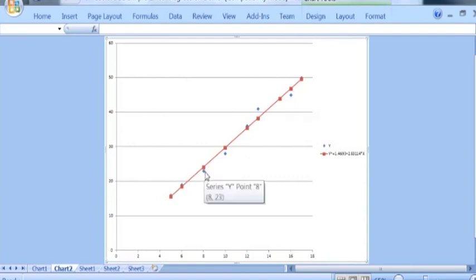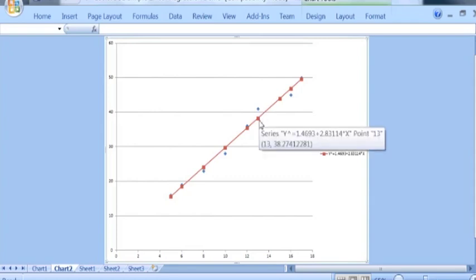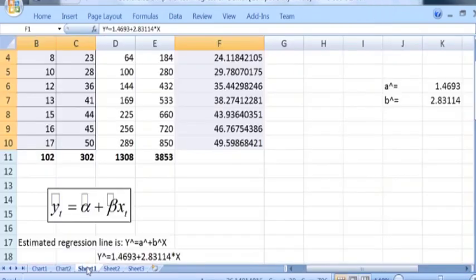You can see that some of the residuals are positive and some are negative. Why? Because some of the data points lie above the line, and some lie below the line. So positive and negative residuals cancel out. That's why summation u_t is usually 0. So we have to demonstrate it.